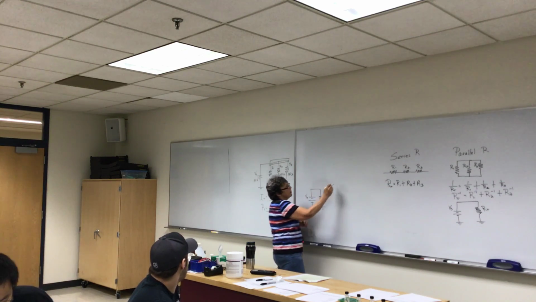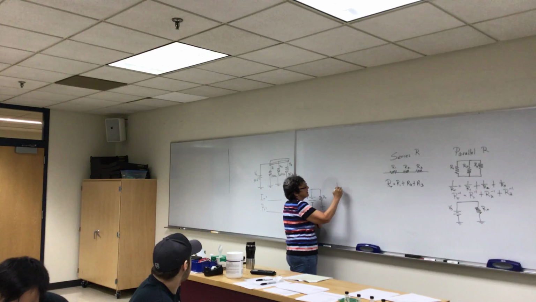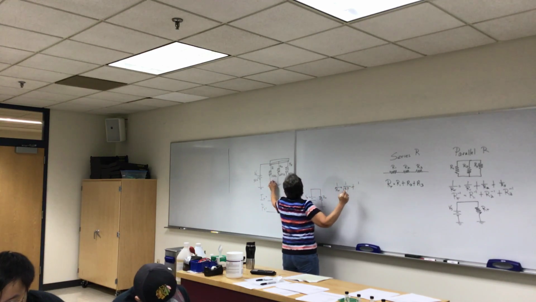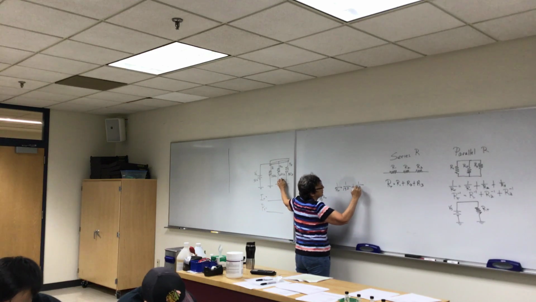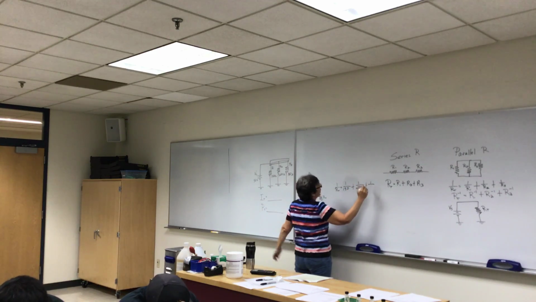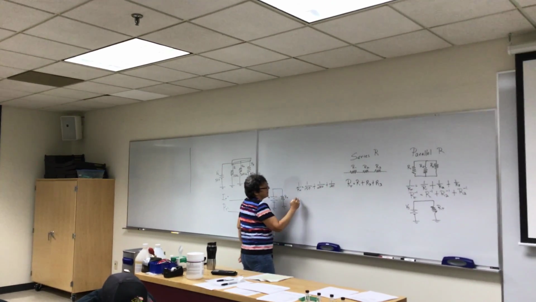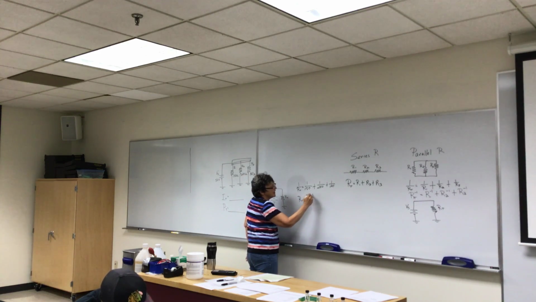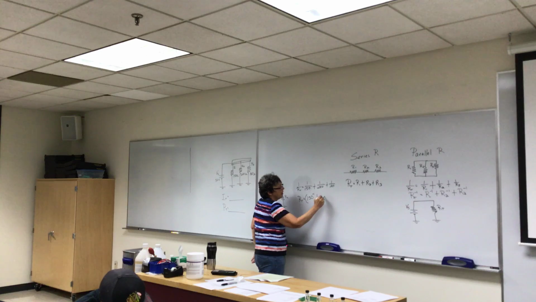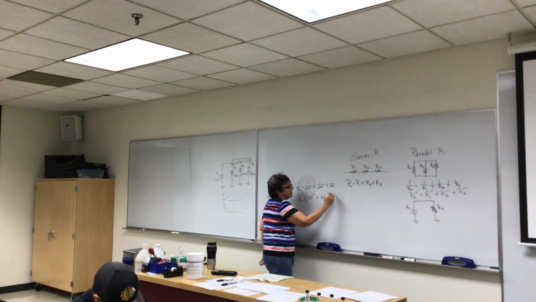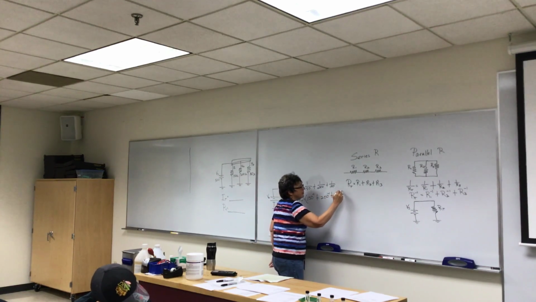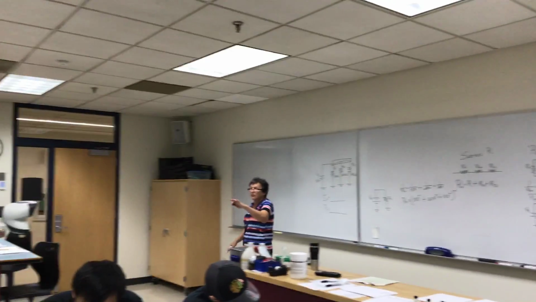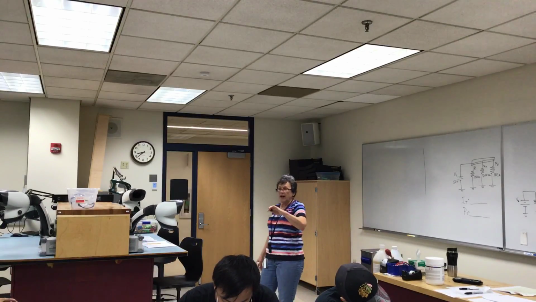So 1 over RT equals 1 over 150 plus 1 over 200 plus 1 over 180. So RT is going to equal 150 inverted plus 200 inverted plus 180 inverted, and that whole thing is inverted, right? You remember that from your calculator when we did it yesterday?